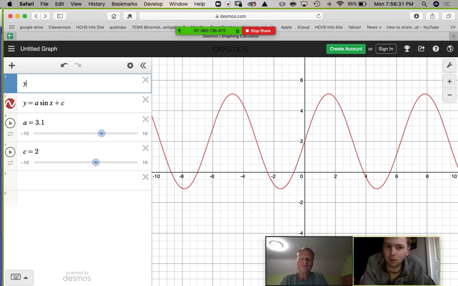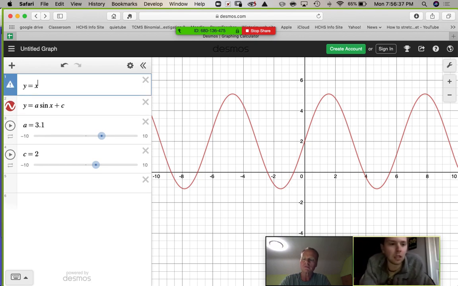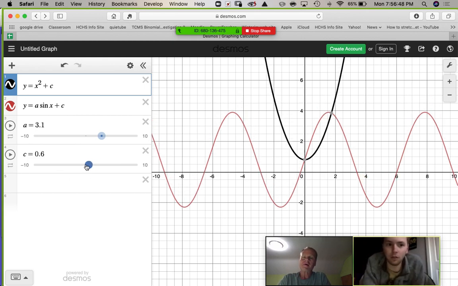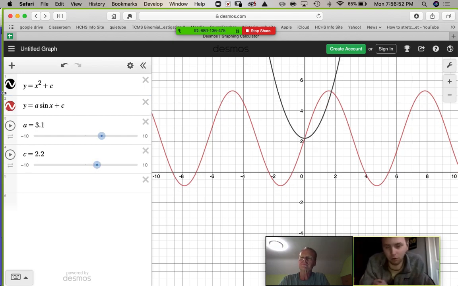So don't be confused and say, oh, the y-intercept is going to be (0, c). Nope. This is definitely different. It's a different family of function. Especially now that we've got the amplitude and this constant term C, and then tomorrow we'll introduce a parameter B, it's changing it all quite a bit.